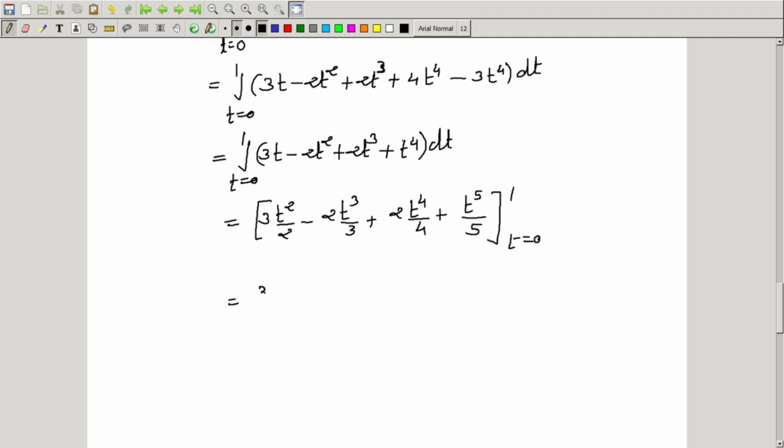Right. So you just finish this. This is 1 upon 2 because 2 upon 4. Can you tell me what is the answer?